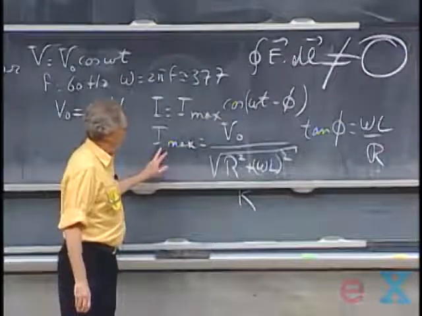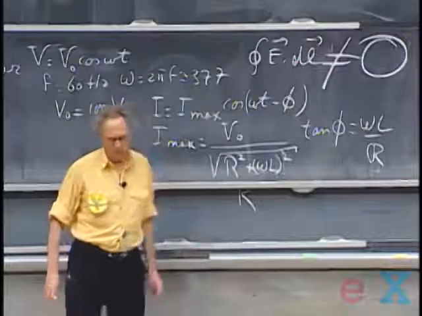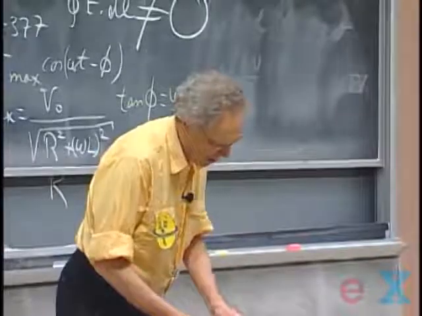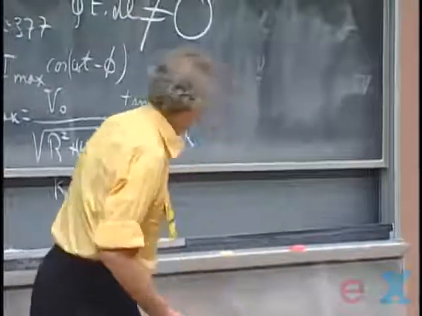So the maximum current that will flow depends on omega and on L, the self-inductance, and of course on the resistor as well.